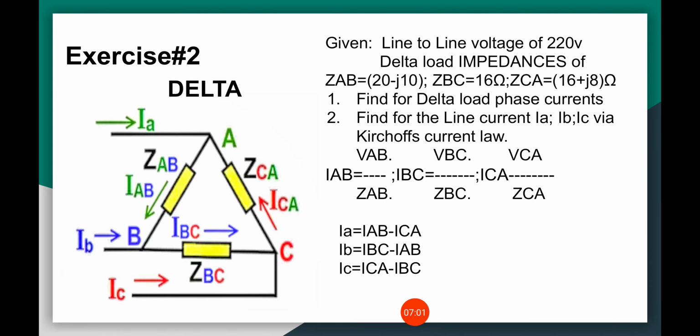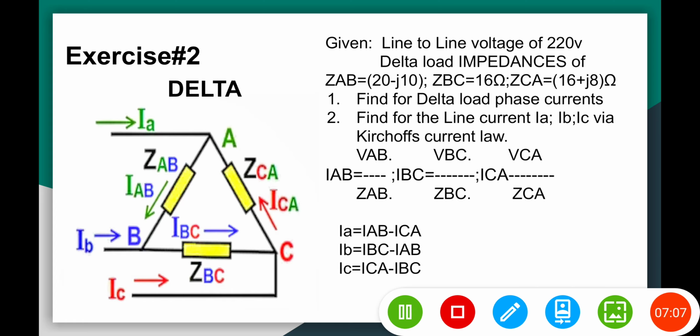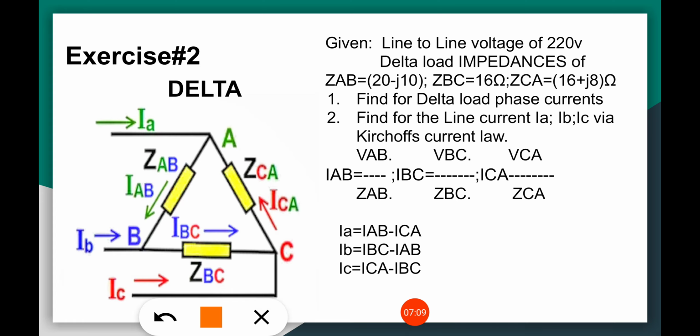Now let's go to the exercise for the delta unbalanced load. The source is a balanced delta source.